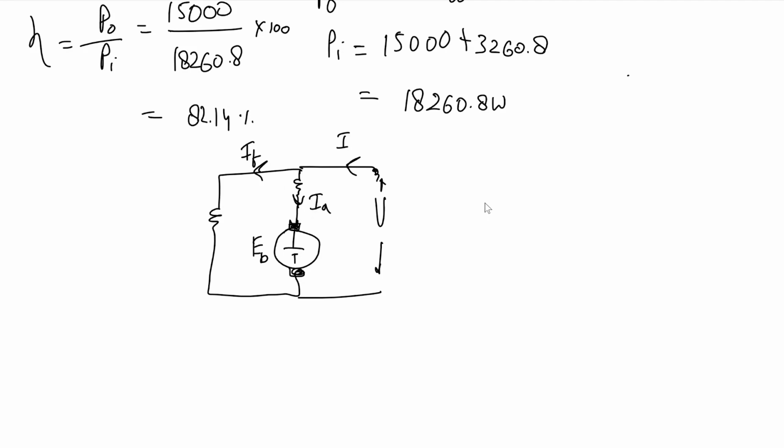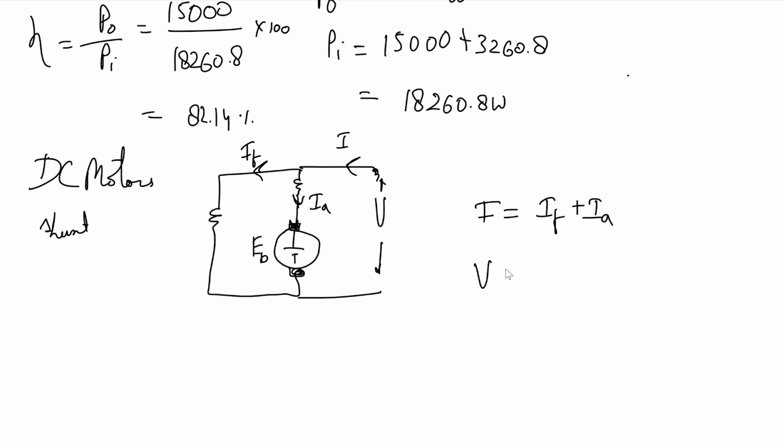So here I is equal to IA plus IF for a DC motor of shunt type. I can write the motor equation as V is equal to E plus IA RA.